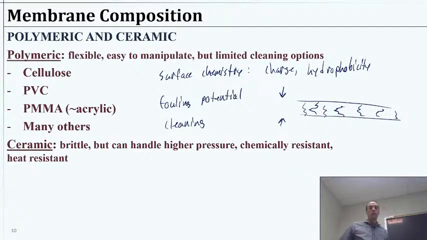It also has the great advantages of being chemically resistant and heat resistant. Since it's kind of a mineral material, it's going to be pretty hard to degrade it unless you're really, really trying. So ceramic membranes are a bit more expensive to manufacture, but as that improves, and to the extent that we can have a nicely controlled application for them, they have some attractive benefits.